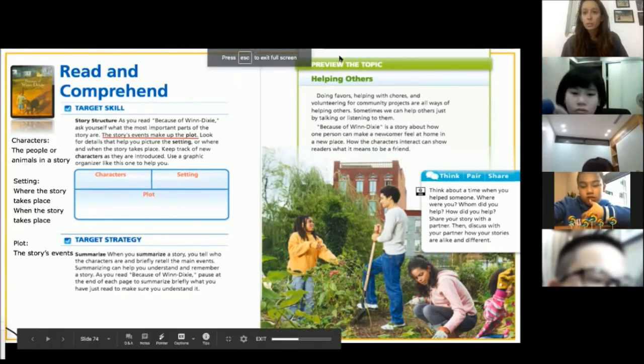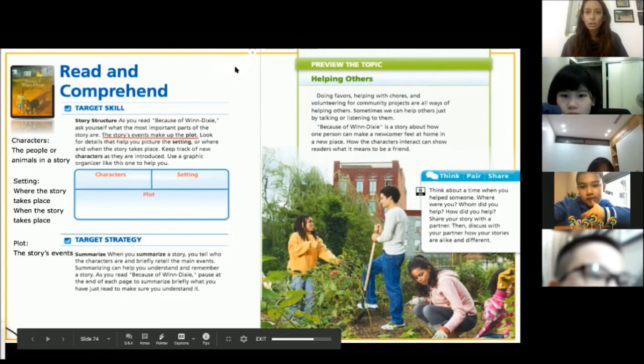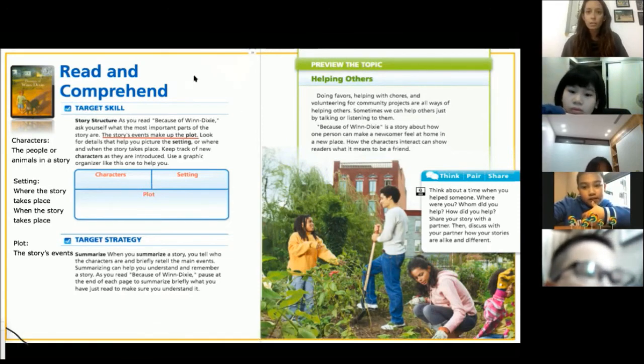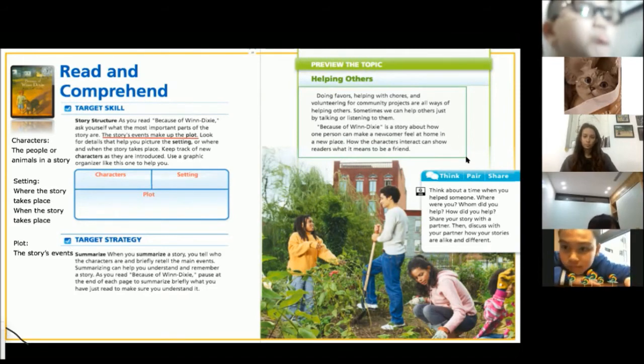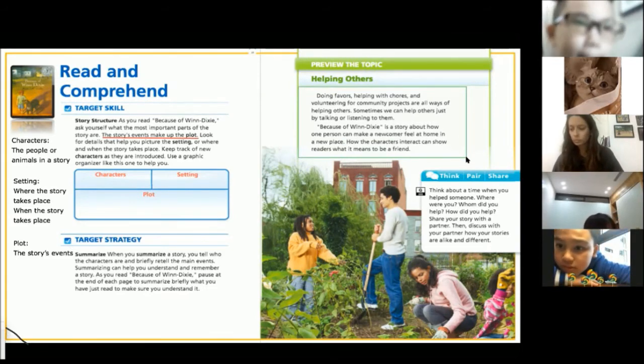Can someone read the helping others? Doing favors, helping with chores, and volunteering for community projects are always ways of helping others. Sometimes we can help others just by talking or listening to them.